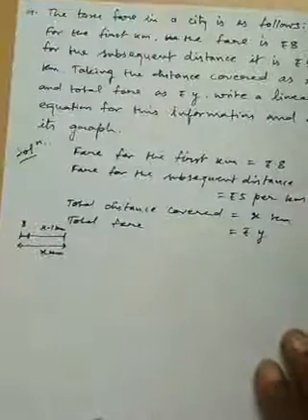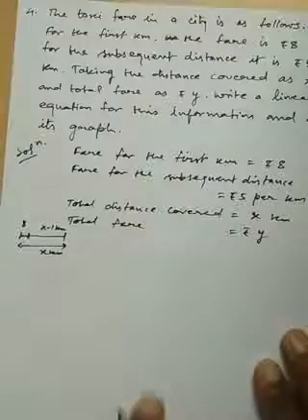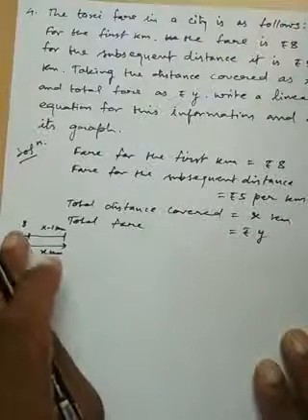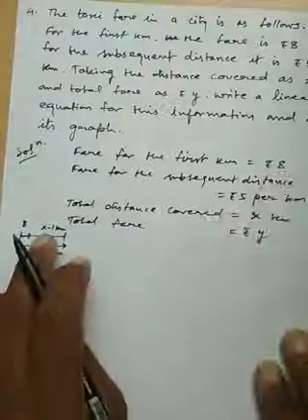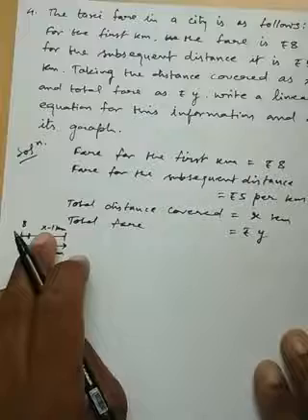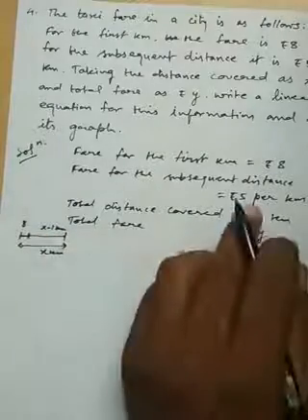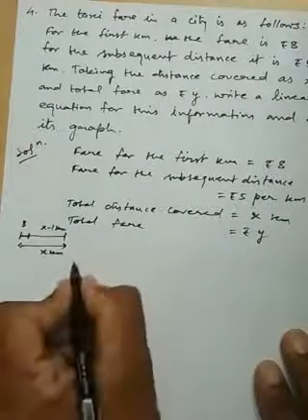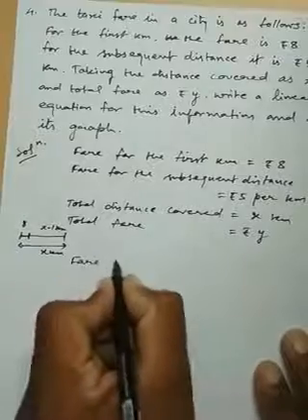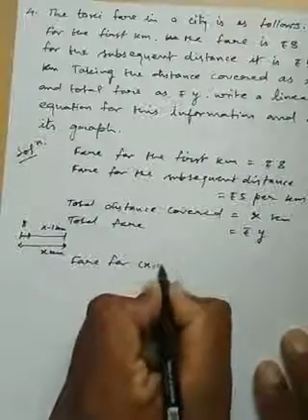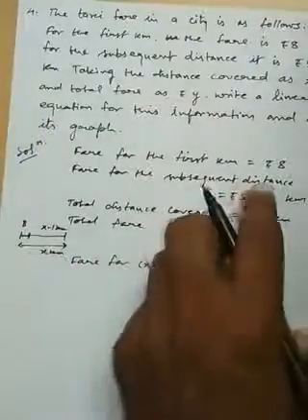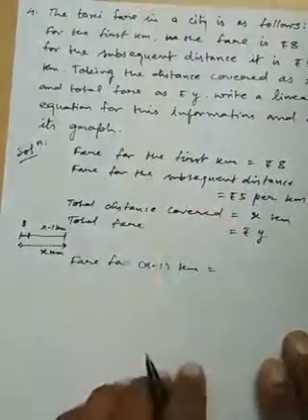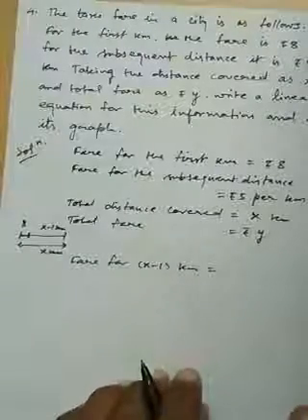First of all we should find the fare for the first kilometer. It is given 8 rupees, and the fare for the x minus 1 kilometer is x minus 1 multiplied by 5. x minus 1 is the subsequent distance for this total distance.